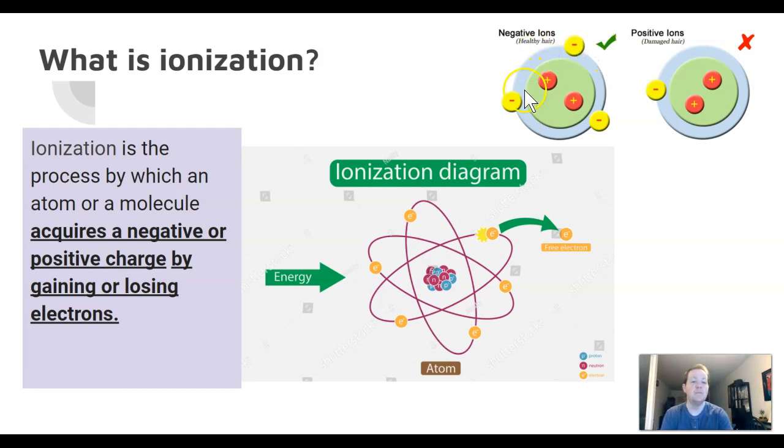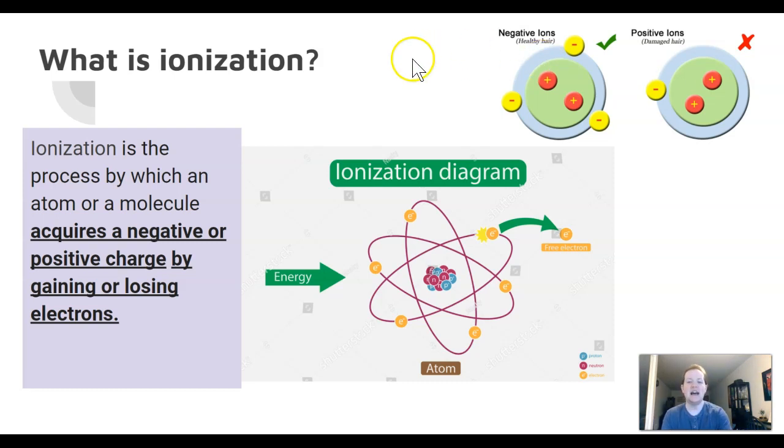If something has more electrons, look at this, I have 1 more electron, you would call this a negative ion, or you would call it an anion, but we're not going to use those terms. You could also have more protons, more positive charges than negative charges. That's also an ion. So an ion refers to an atom that has an unbalanced amount of pluses and minuses, either too many negative charges or too many positive charges.